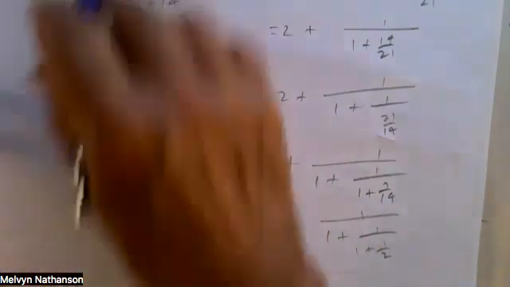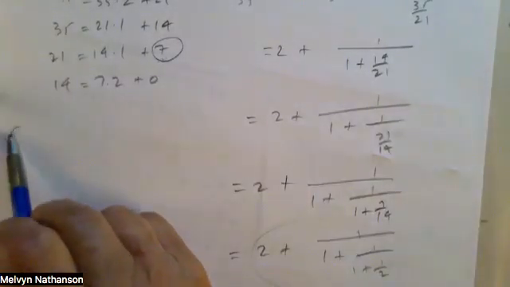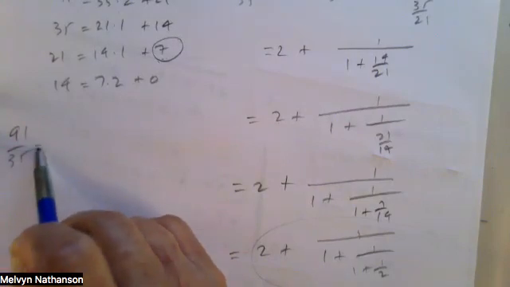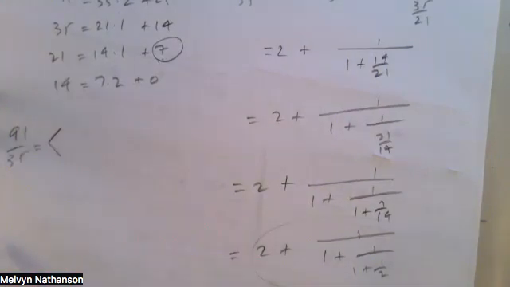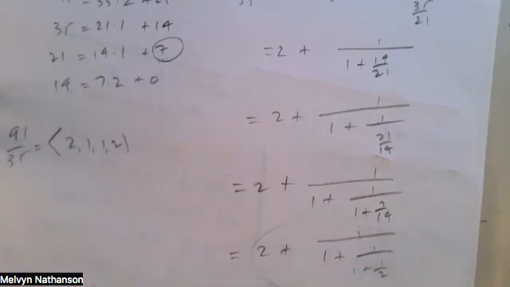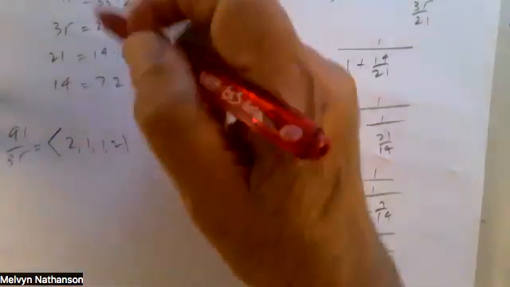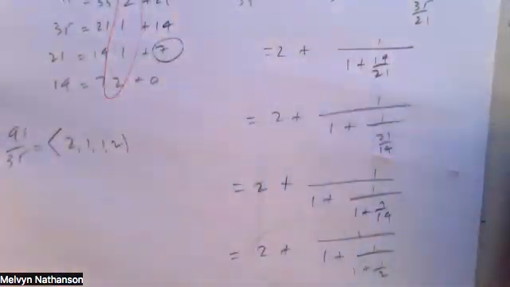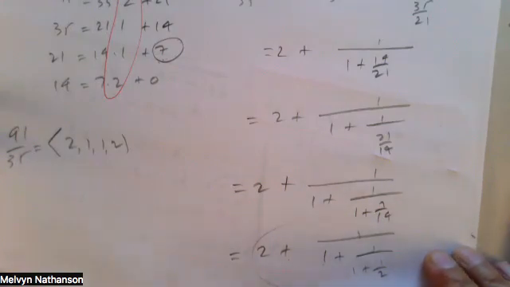So this is the continued fraction, or in our concise notation, 91 over 35 as a continued fraction is 2, 1, 1, 2, which are exactly the partial quotients that you see in the Euclidean algorithm.